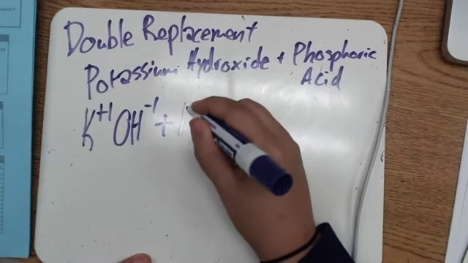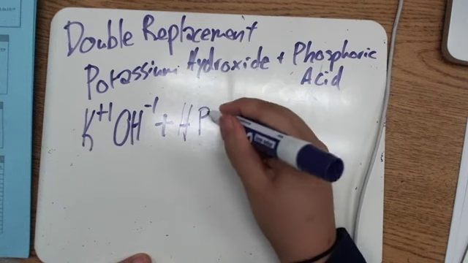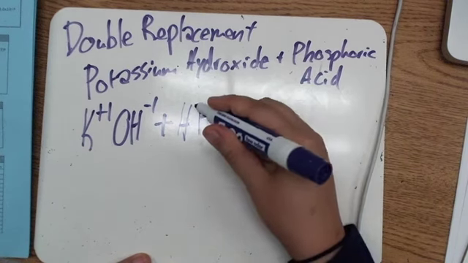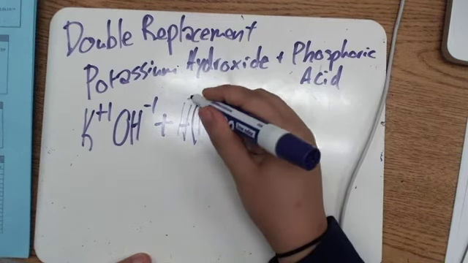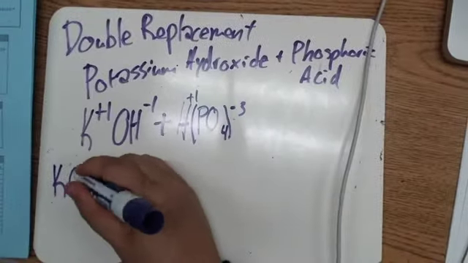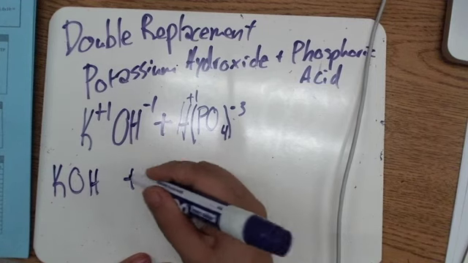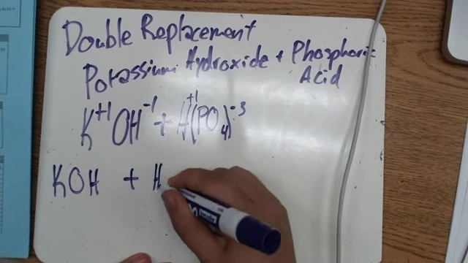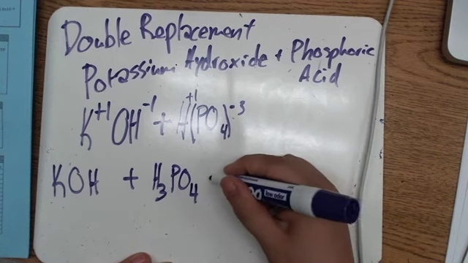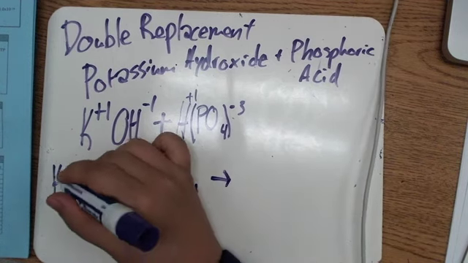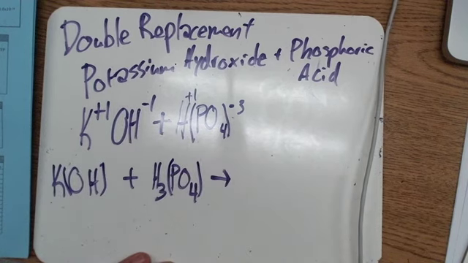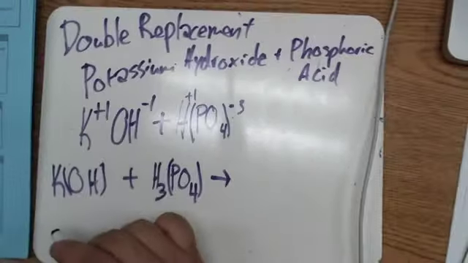So it's going to be PO4 -3, right? And hydrogen has a +1, right? So it's going to be KOH plus H3PO4.